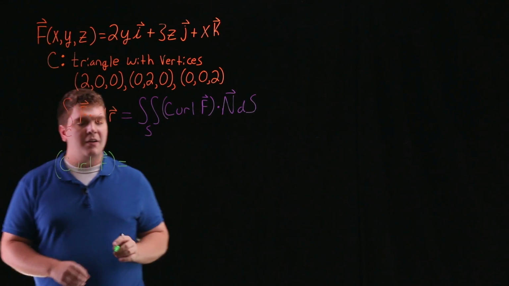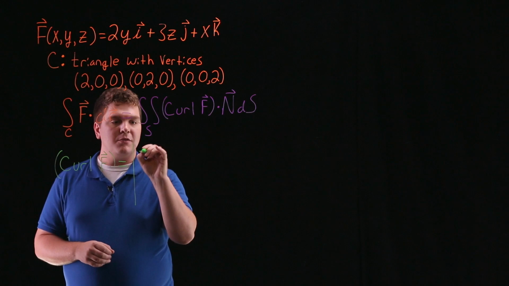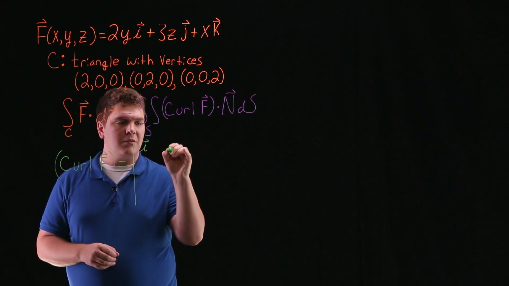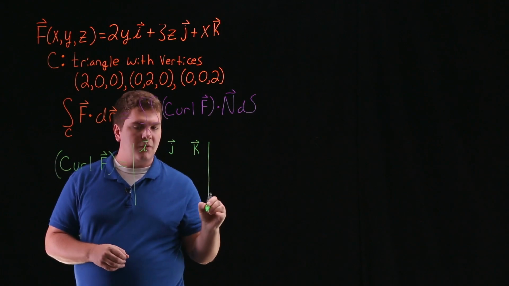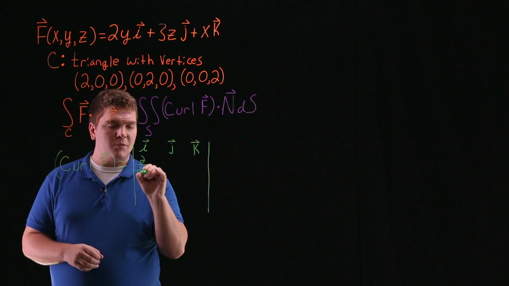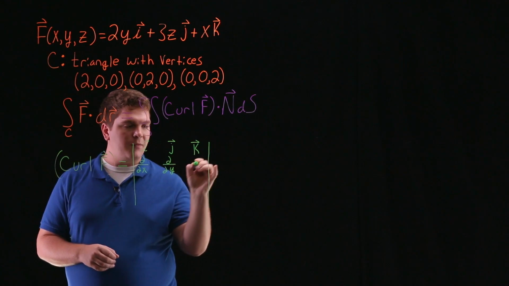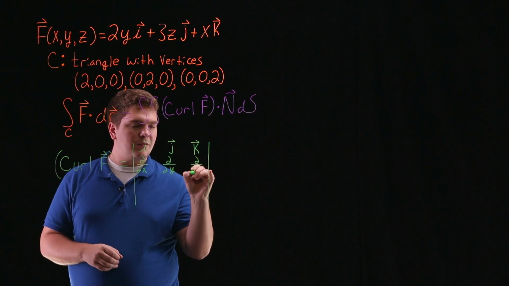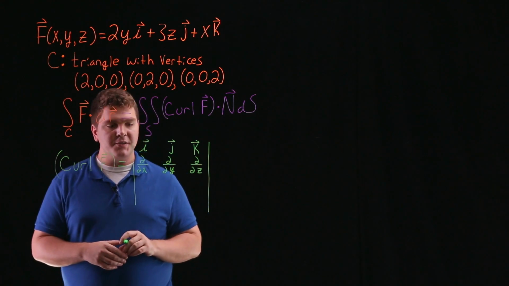The curl of F is equal to the determinant whose first row is i, j, k. The second row is the partial derivative with respect to x, with respect to y, and with respect to z, which we view as operations.